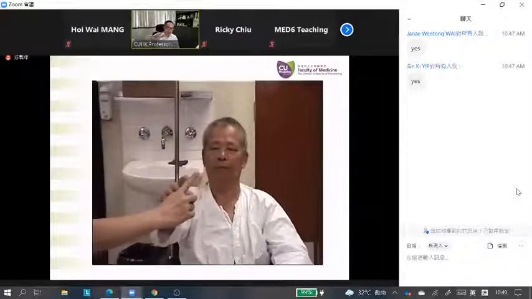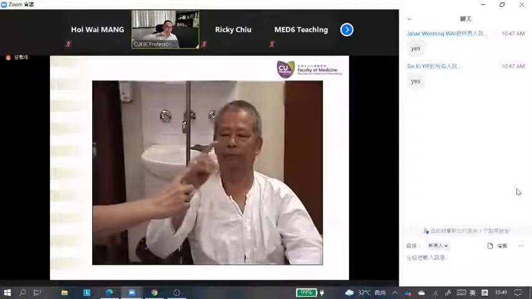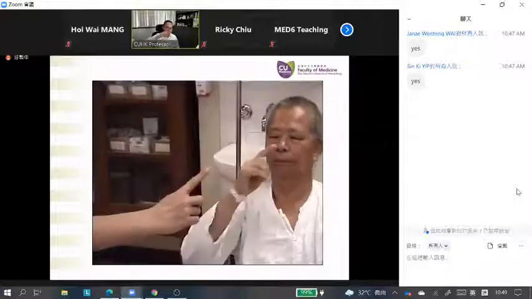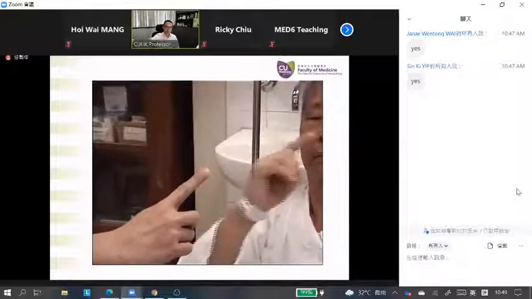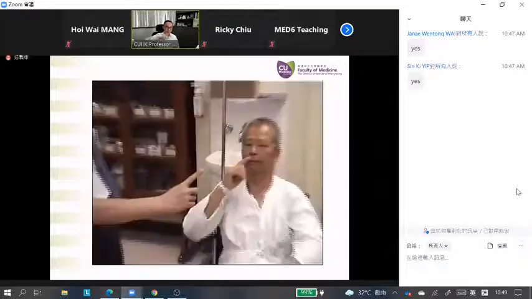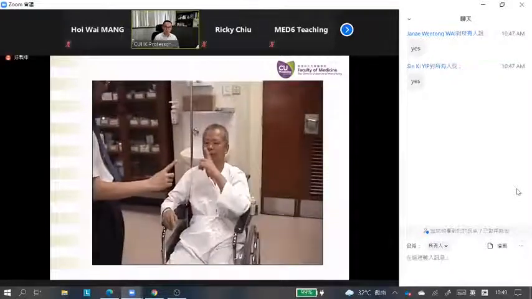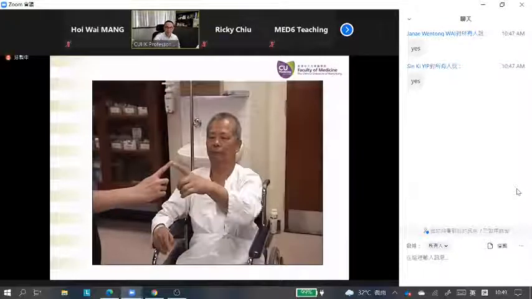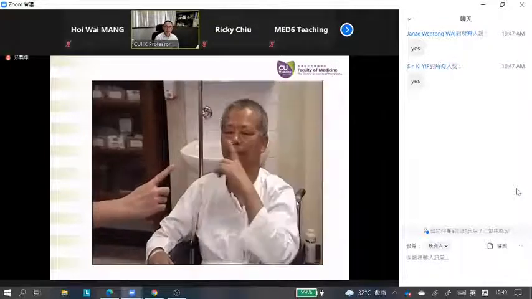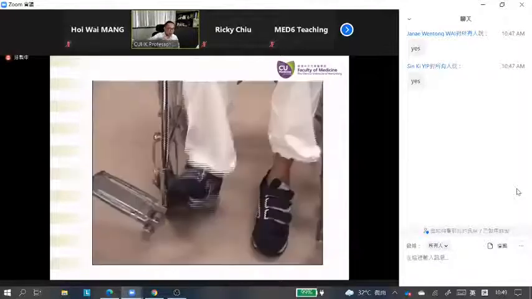Now it seems the tremor was less severe with this movement. Not much intentional cerebellar component, okay? There was some intentional tremor.